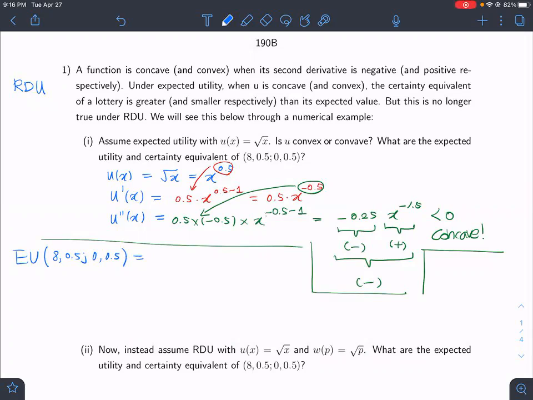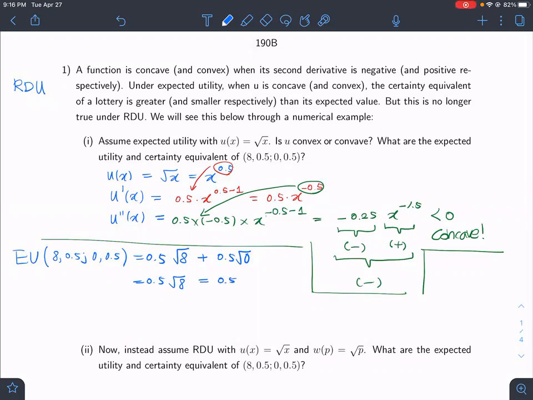To evaluate this one, we evaluate outcome by outcome. For the first outcome, 8, the utility of getting 8 is square root of 8. We multiply by 0.5, which is the probability of getting 8, plus 0.5 times square root of 0, which is 0.